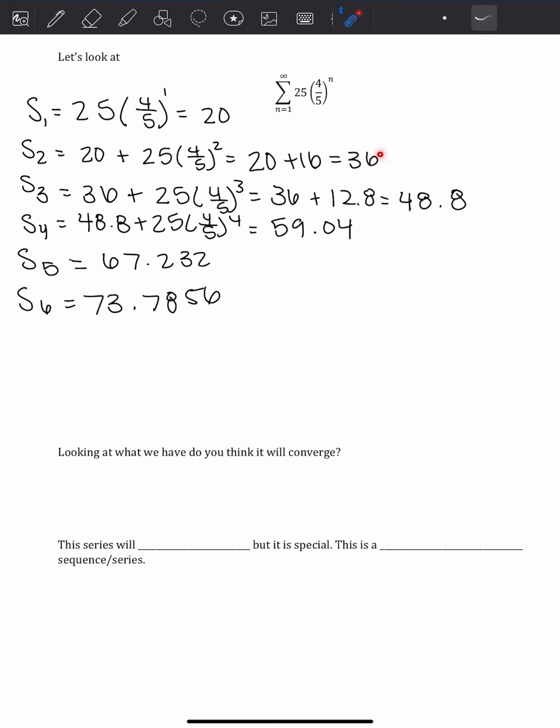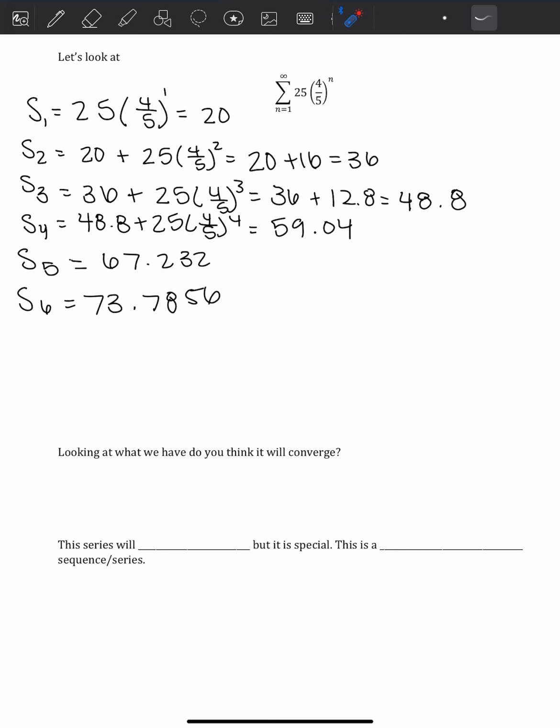The difference between 36 and 48.8 is 12.8. The difference between 48.8 and 59.04 is 10.24. So as we go along, what we're adding to it the next time is getting smaller and smaller. Eventually, if it keeps following that pattern, it's going to be going towards a value that is so small that it's pretty much 0.